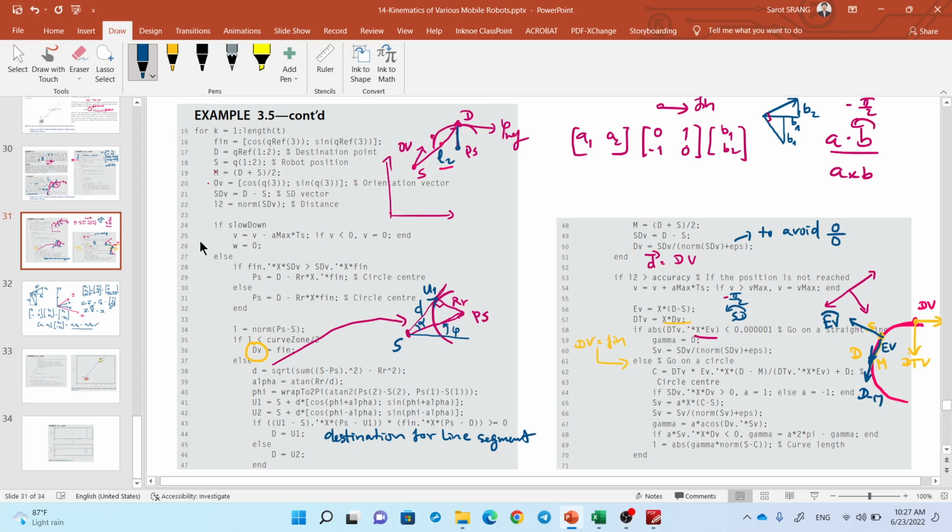Okay, so in here, the code is split in two cases. One is slow down and another one is not slowing down. In the case of not slowing down, the robot is still far from the destination.